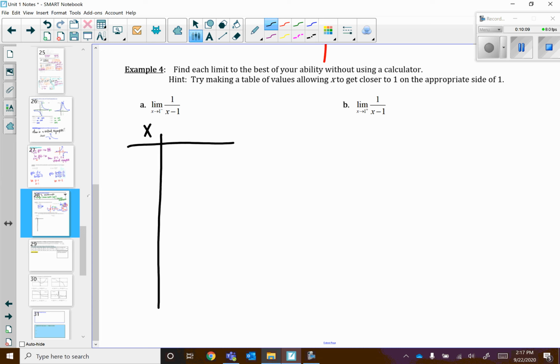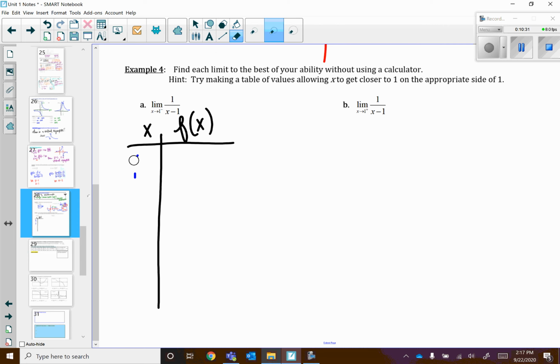We've got x and f of x, and we are approaching 1 from the negative side, meaning I am getting closer to 1, but I am smaller than 1. So I'm going to plug in 1/2, actually, hold on. I'm not going to do 1/2 first.